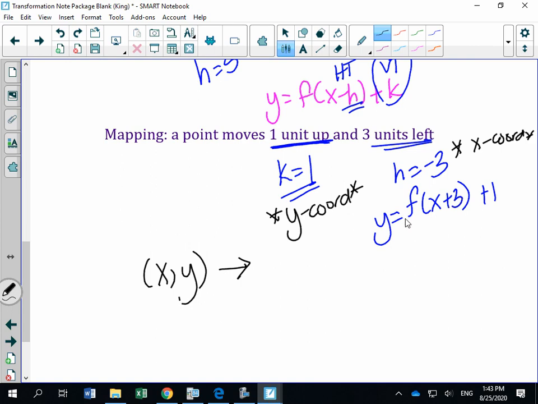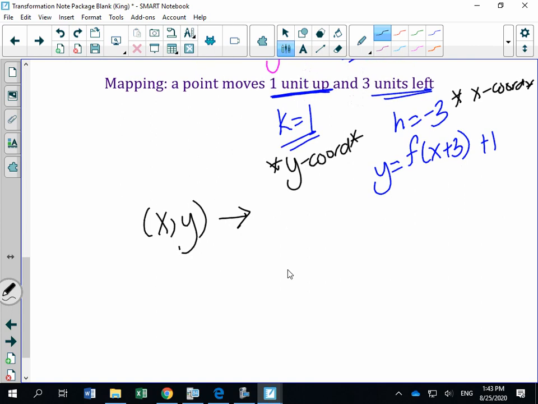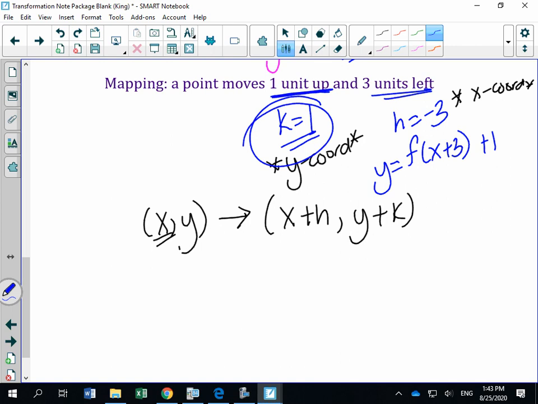So if we were mapping, how you map this is essentially the following. You take your x value and you add whatever your h value is. And then you take your y value and you add your k value. Because your k value affects your y coordinate and your h value affects your x coordinate.